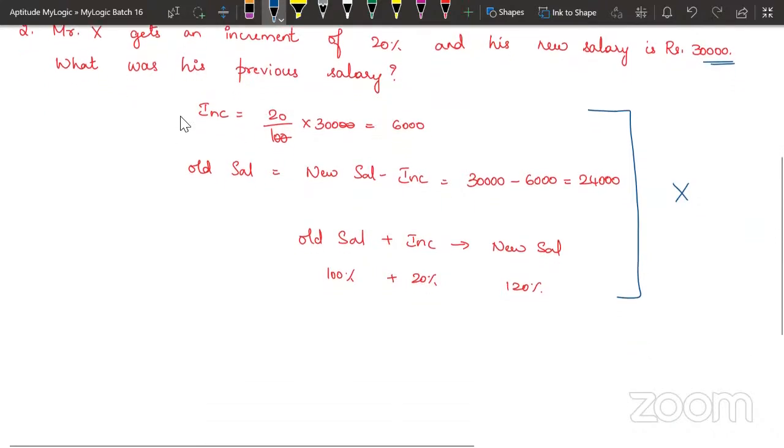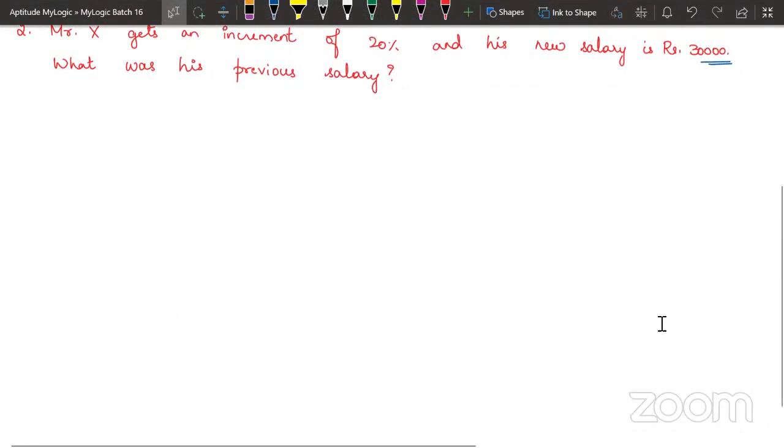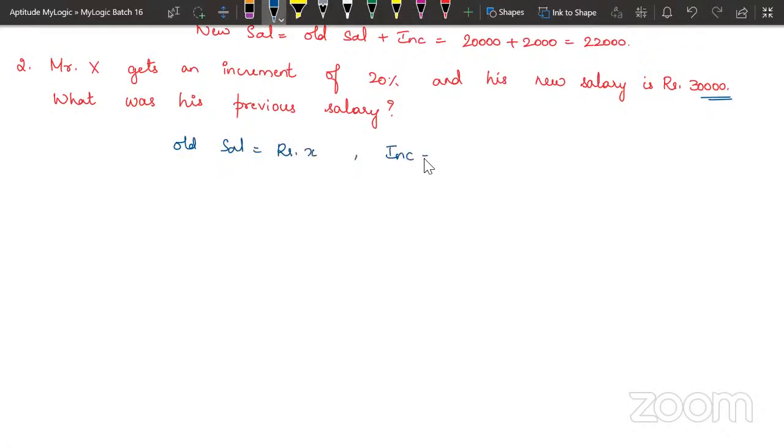Here, how do you solve it? We solve it by considering old salary as X rupees. Increment is given on this, which is 20% of X, which gives you 0.2X.